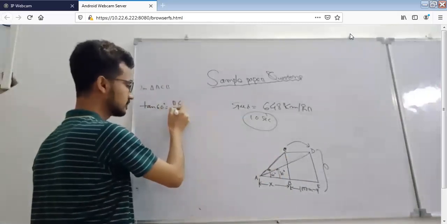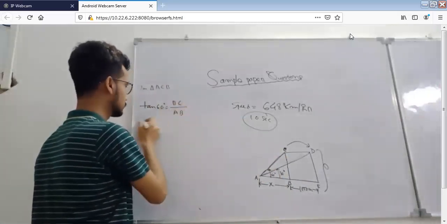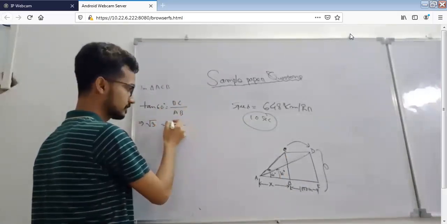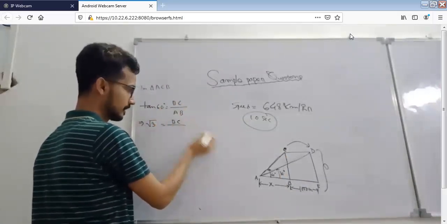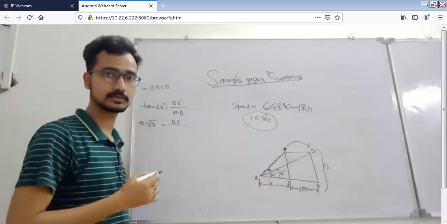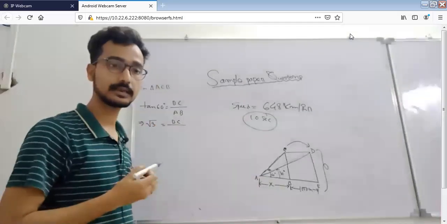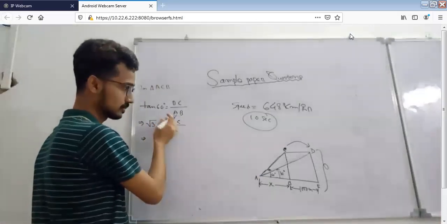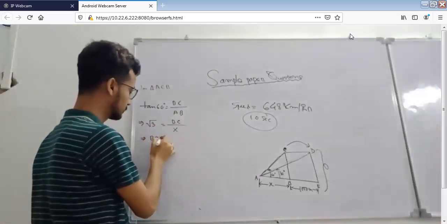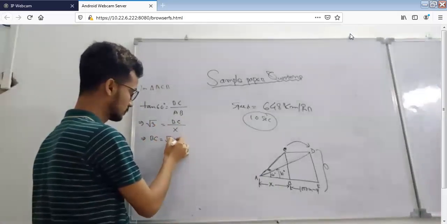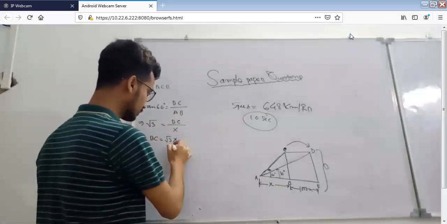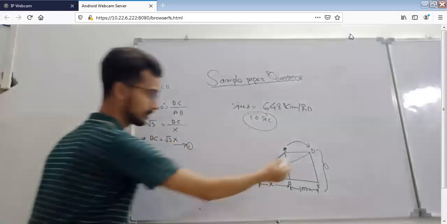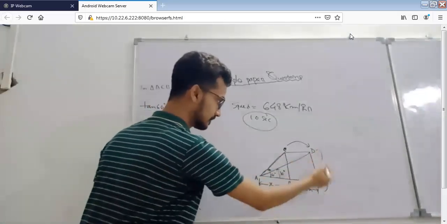That means BC by AB. So what is the value of tan 60 degree? We have discussed this thing, √3. And BC, just write down BC. In place of AB, we can write X. Yes or no? In place of AB, we can write X. So if you cross multiply it, BC will be √3x, give number 1.